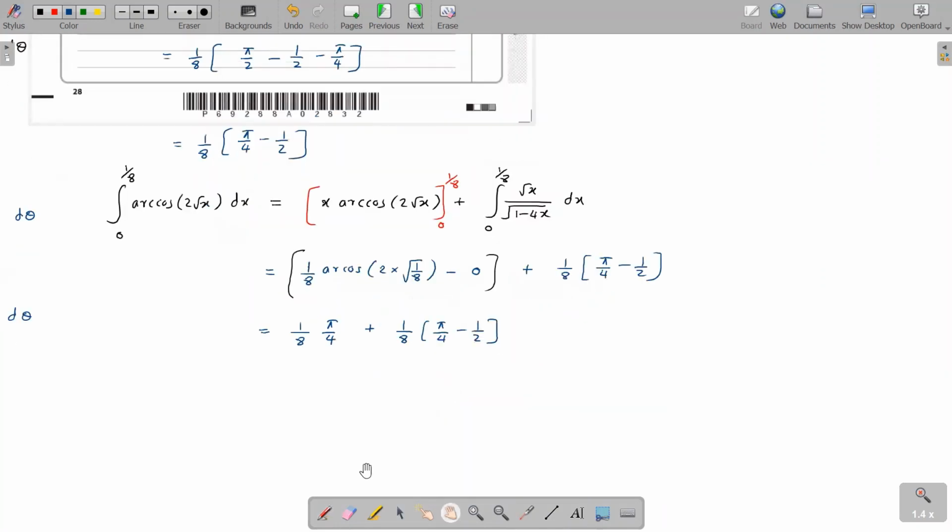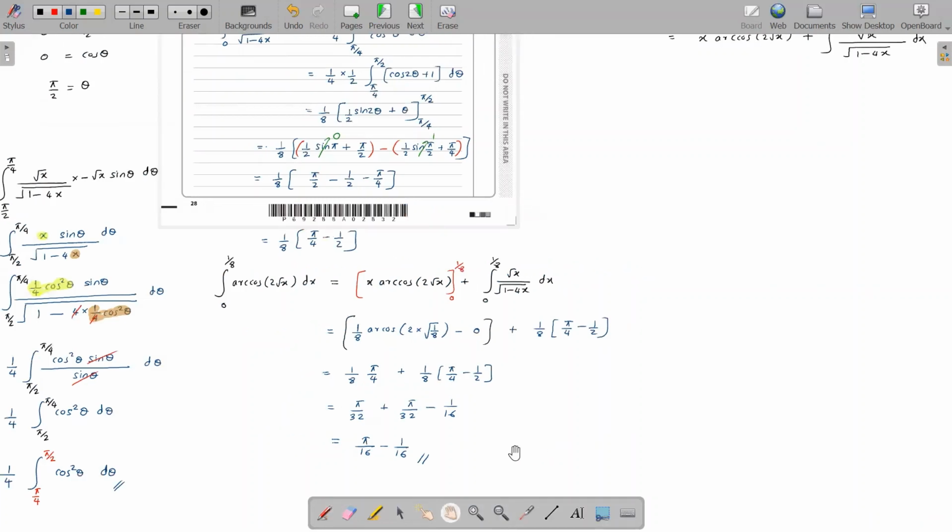Simplifying the last few steps: 1 over 8 into pi over 4 is pi over 32, and 1 over 8 times half is 1 over 16. Pi over 4 plus pi over 32 gives pi over 16, minus 1 over 16. So this is the final answer.